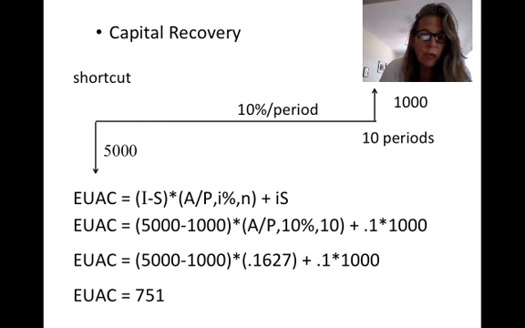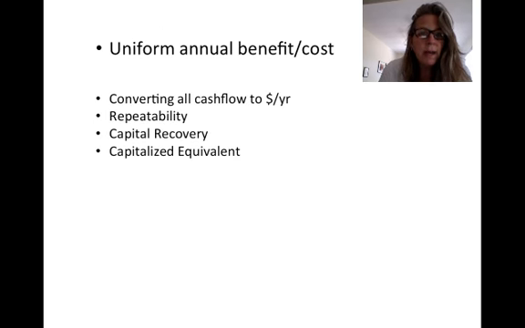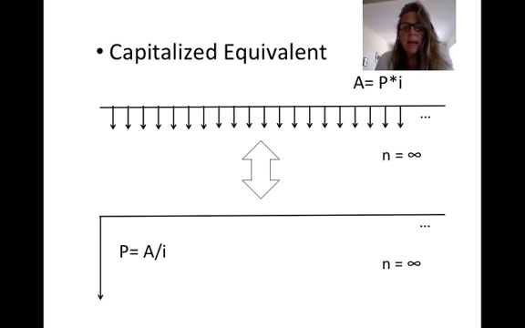So this is another shortcut that's used sometimes in engineering economy. The last concept I'm going to talk to you about today is a capitalized equivalent. What this means is that if we have an infinite cash flow, a cash flow occurring every year forever, so n is infinity, and we want to convert that to a present value, we take the cash flow and divide it by the interest rate.